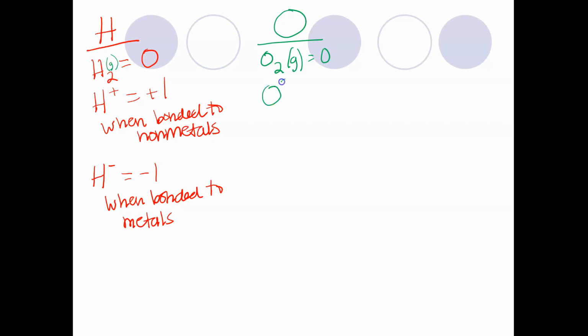Most of the rest of the time, oxygen is a 2 minus. The only exception that we're going to worry about is the lovely peroxide polyatomic ion. It's one of the polyatomic ions from Gen Chem 1. If we have 2 oxygens and together they're a -2, that in the peroxide ion, each oxygen is a -1.